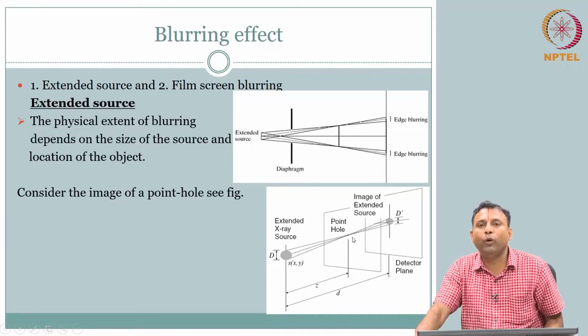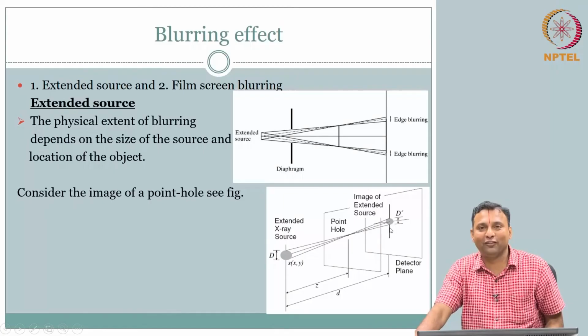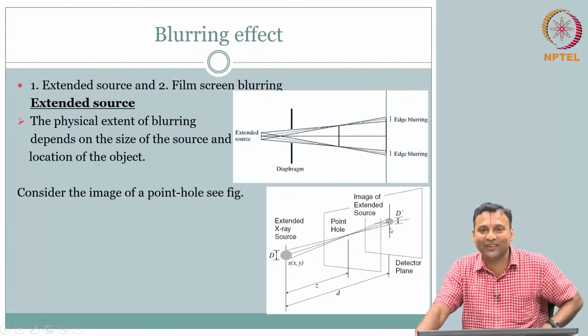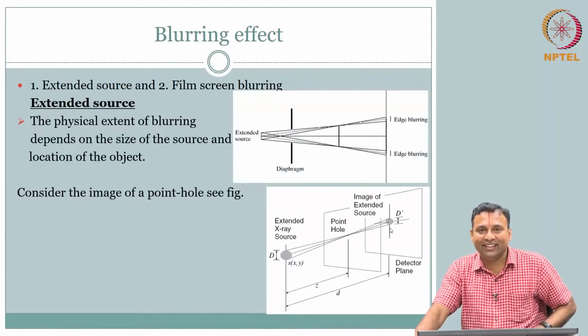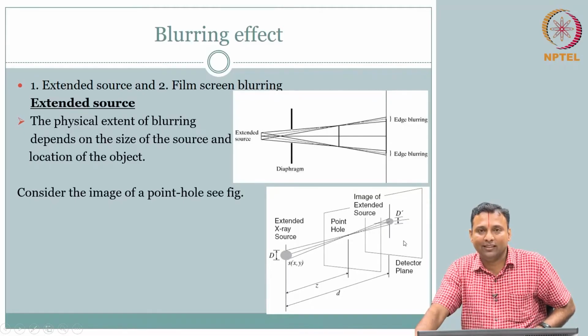The object is supposed to be a point. So what are you going to see here? This is not a point, this is a spread version of the point. Start to think about it. I have a point here, my source, and I have a copy of my source, a scaled version of my source, but my object is just a point.